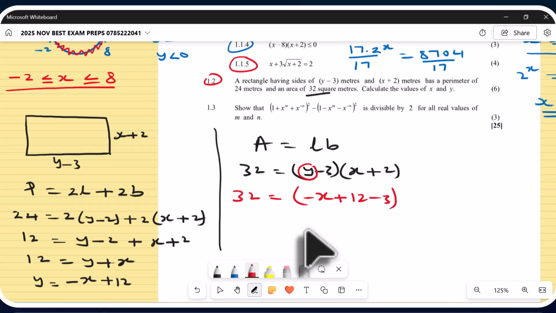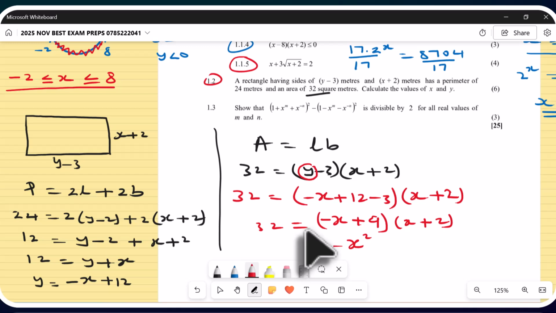So now we form the quadratic, which is very straightforward. The negative x squared becomes a positive x squared this side of the equation, okay? And then what about 7x? Minus 7x here. Now 32 minus 18, what do you get? What is 32 minus 18? It gives me 14 here, so plus 14 equals 0.